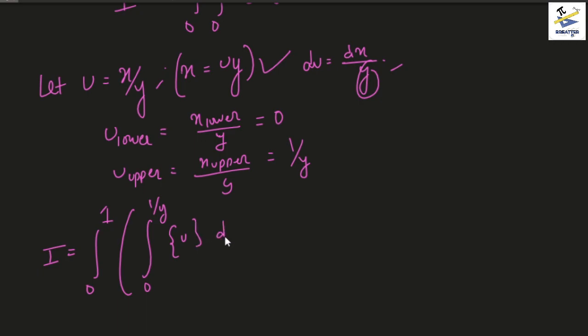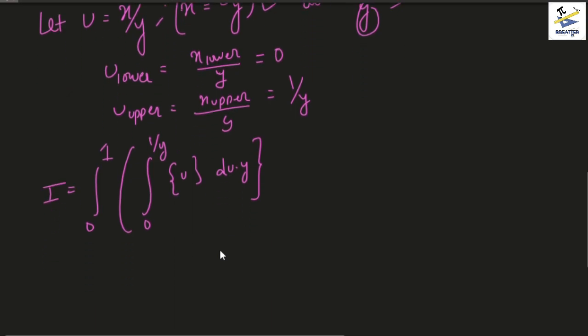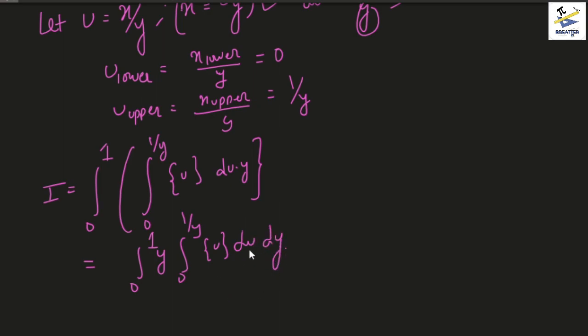And du equals dx by y, or dx is y into du. So what we have here is 0 to 1 y, 0 to 1 by y, fractional part of u, du, and dy. So this is basically our integral right now.